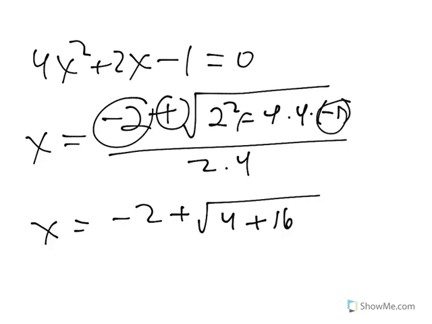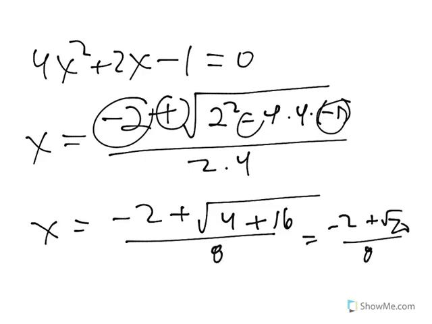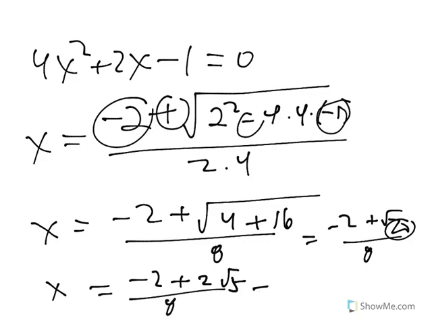This minus and minus becomes plus over 8 equals minus 2 plus square root of 20 over 8 equals minus 2 plus, I'm going to call this 2 root 5, change 20 to 4 times 5 over 8, which turns into minus 1 plus root 5 over 4.